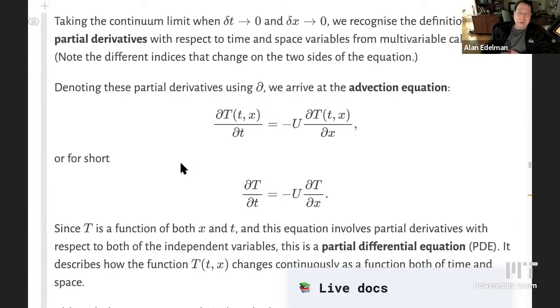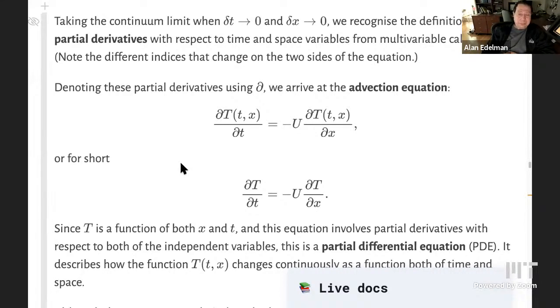Right? And that's what's being said by this differential equation, which almost looks scary sometimes to beginning students, but in the end, it's really only saying that my change in time is proportional to my change in space.